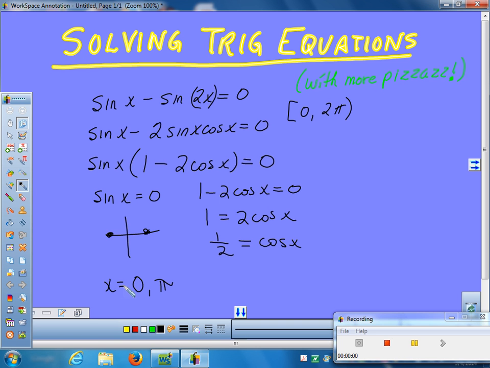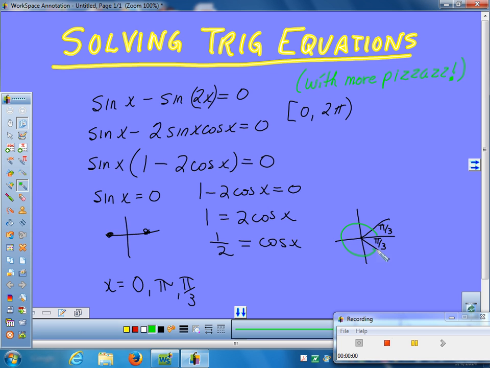And then, cosine equaling 1/2 means it's going to be in the quadrant. It's pi over 3, but what quadrant? So 1 and 4 is where cosine's positive. Pi over 3 is our reference angle. So the first quadrant angle is no big deal. The first quadrant angle is pi over 3. Now, how do I get the fourth quadrant angle?